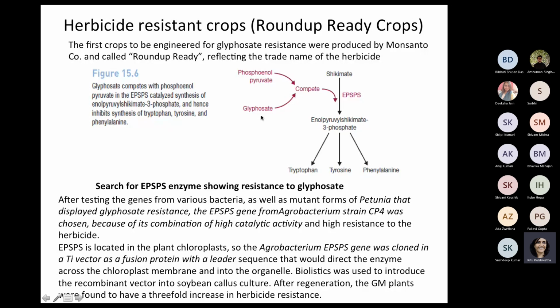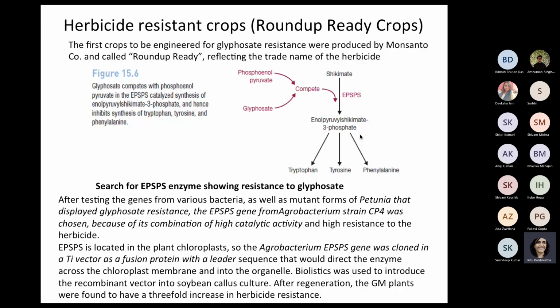So the idea was, okay, if this is the method, then how about I make transgenic plants which have very high levels of EPSPS. Even though glyphosate is trying to inhibit EPSPS activity, because we have a very high level of this enzyme, plants will be comparatively resistant to it as compared to the weed.